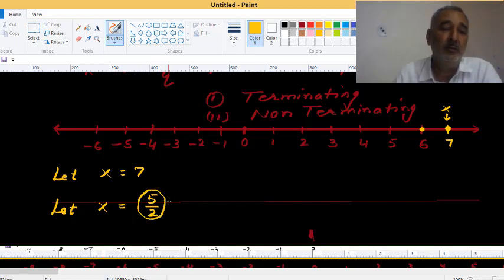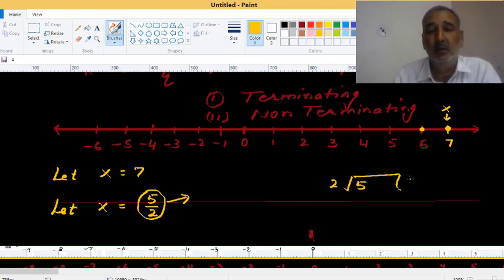There are two methods. First, convert it into decimal representation. Divide 5 by 2. 2 twos are 4, remainder is 1. Take one place of decimal. 2 fives are 10. So this number is 2.5.